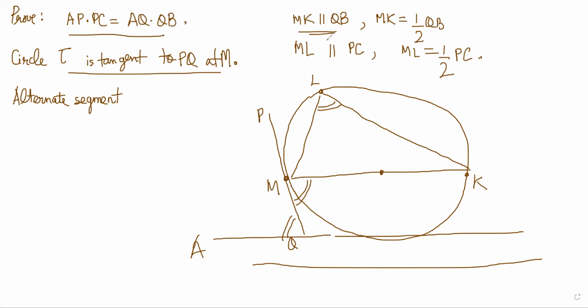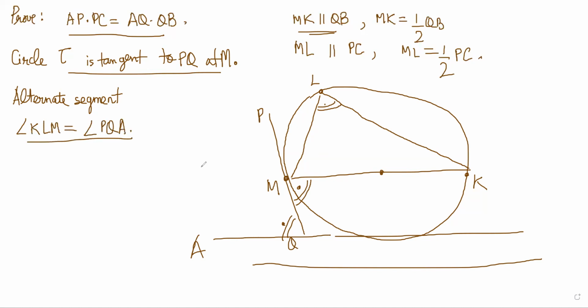And QB is part of AB, right? So KM is parallel to AB. So we have this angle equal to this angle and this angle equal to this angle. Correct. So what we get is angle KLM is equal to angle PQA.